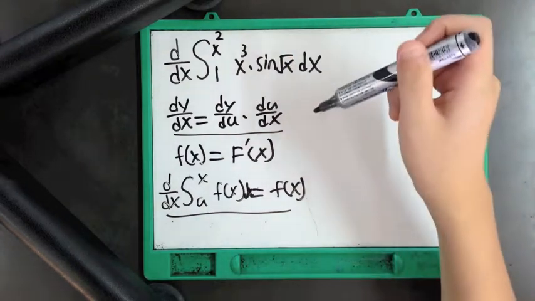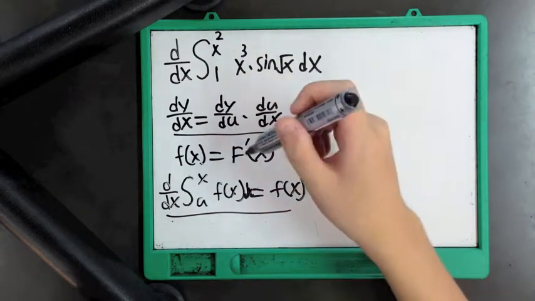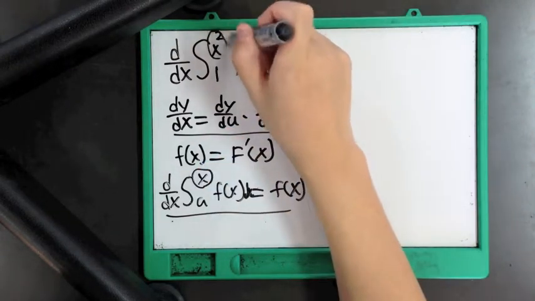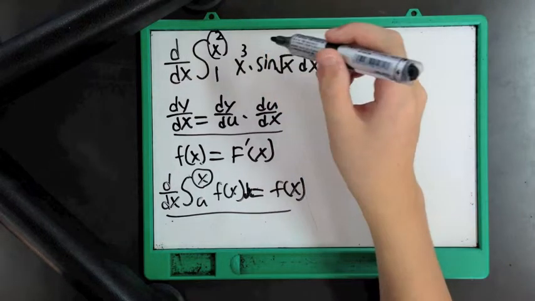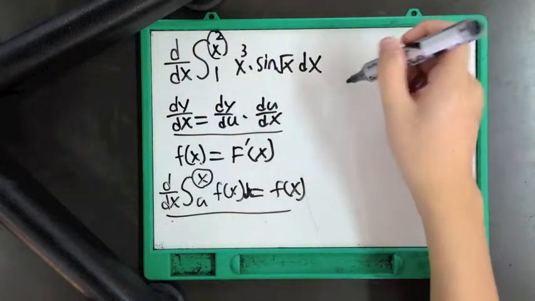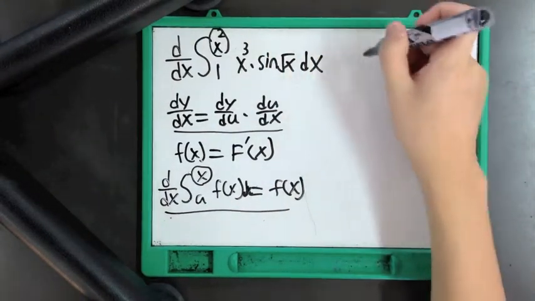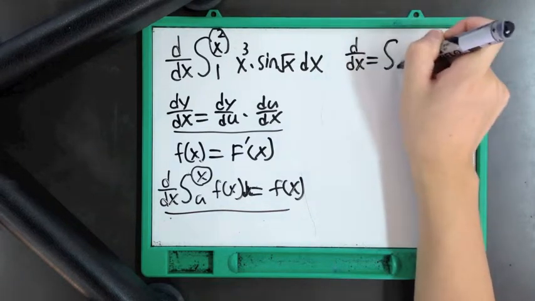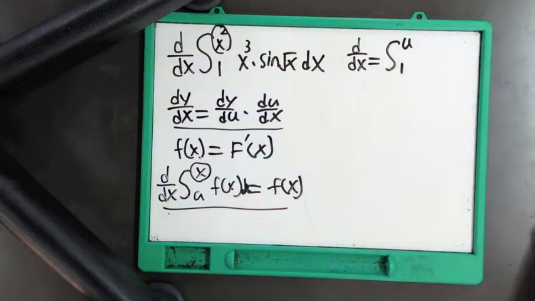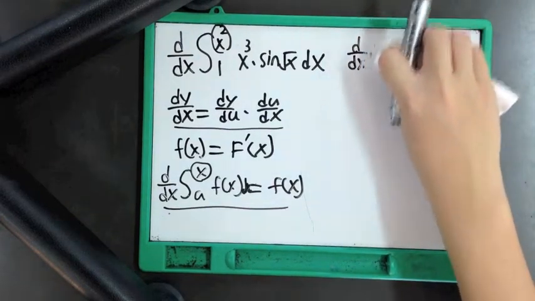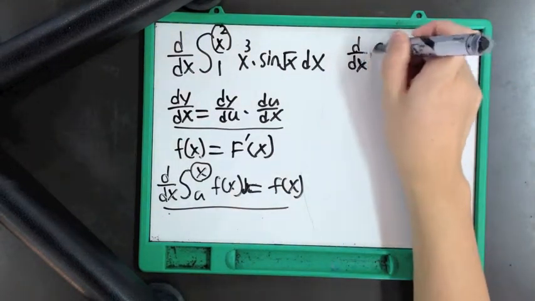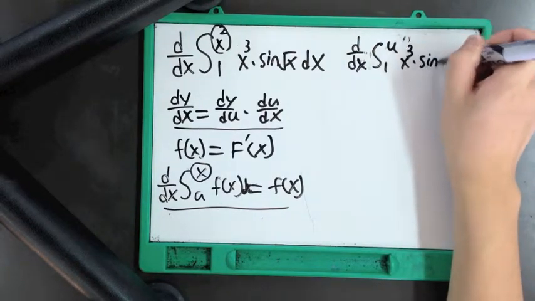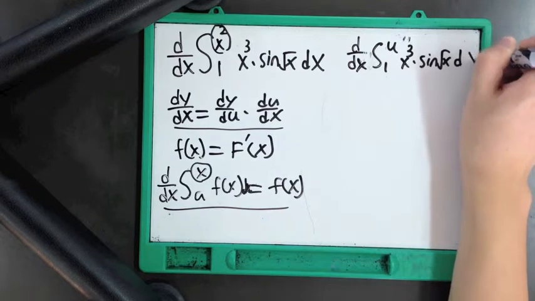Since the fundamental theorem of calculus requires that this upper limit must be x, and in our question it is x squared, we're going to use a variable to change it. We're going to change it to u, so it becomes d over dx of the integral from 1 to u of x cubed sine root x dx.